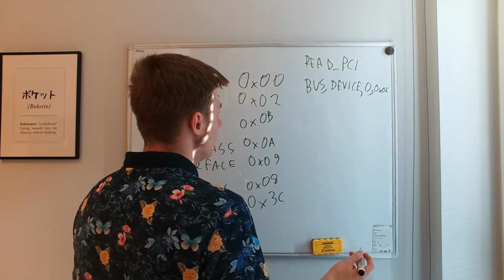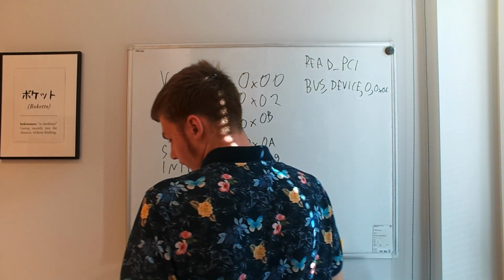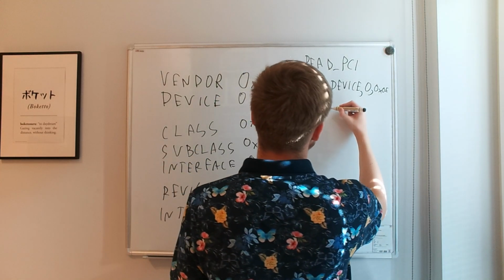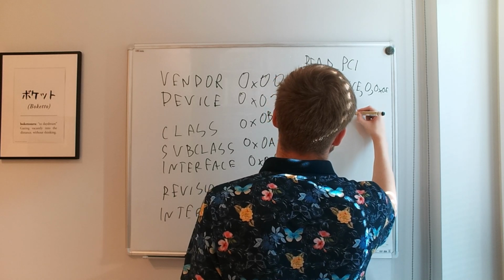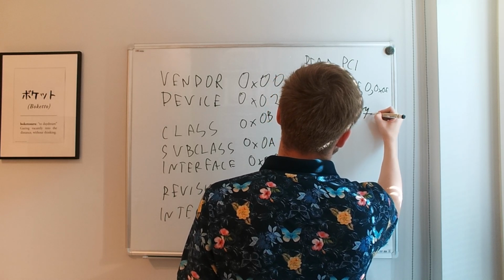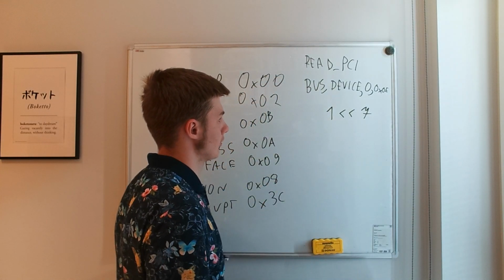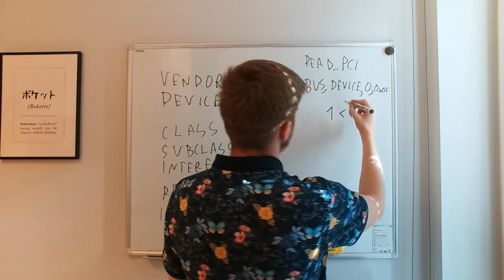And if this is precisely one shifted by 7, so it's 1 followed by 7 zeros, you can just AND it, right?